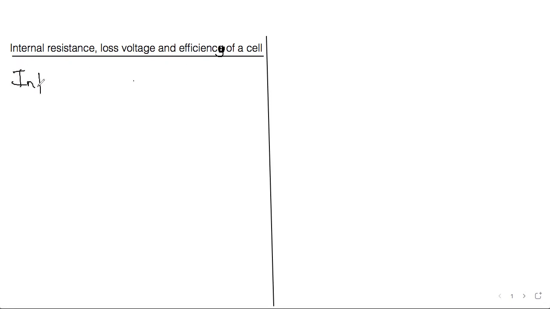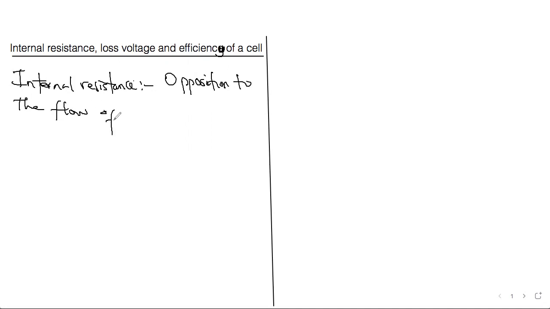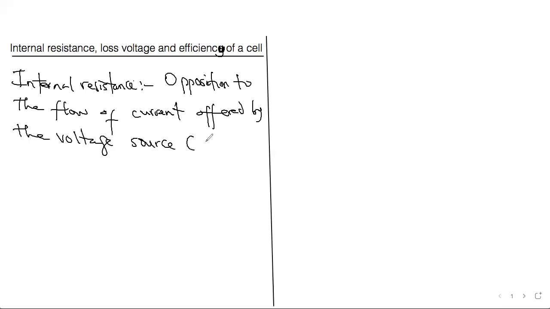Internal resistance is the opposition to the flow of current by the voltage source, which is the battery of the cell.